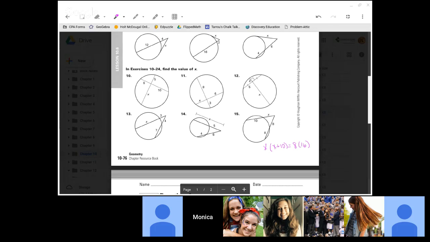And then you'll have to distribute the x in on the left. So you'd have x squared plus 10x equals 128. Okay? And then that you'll have to plug into the quadratic formula.